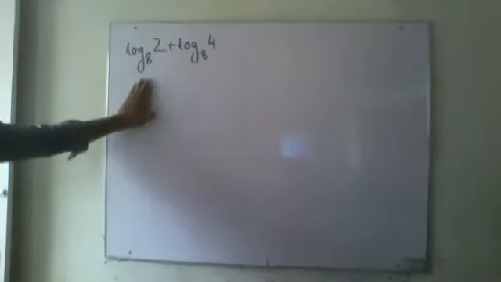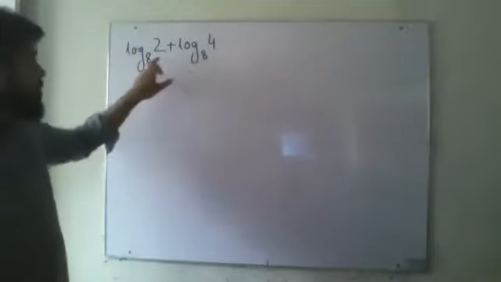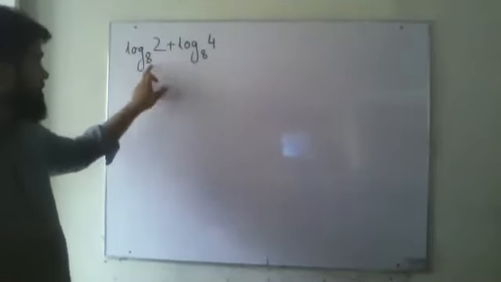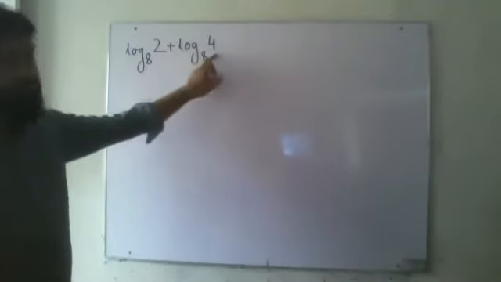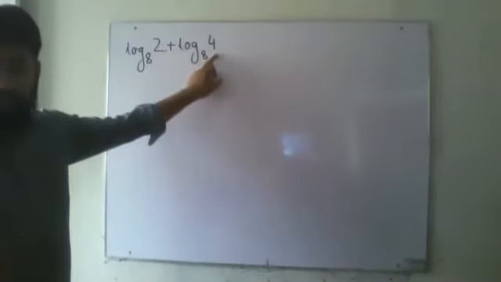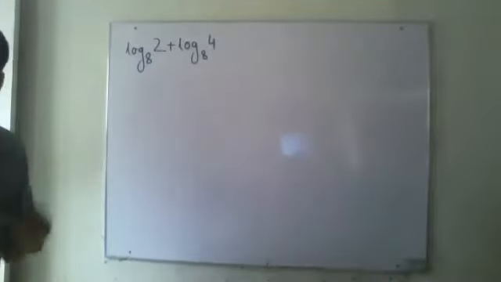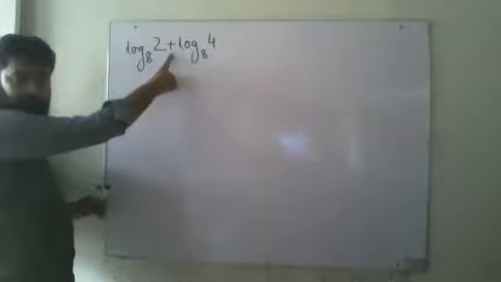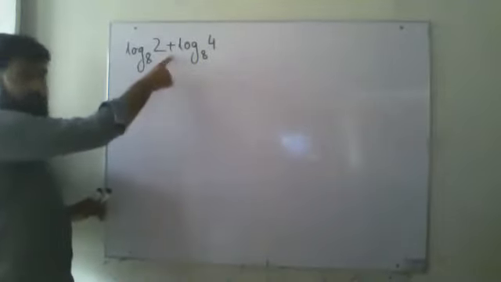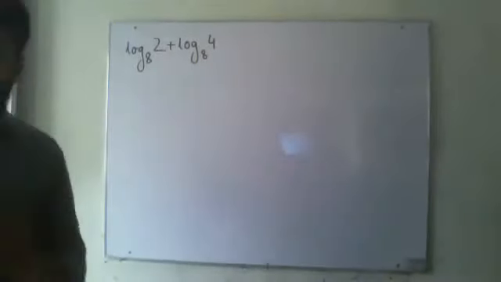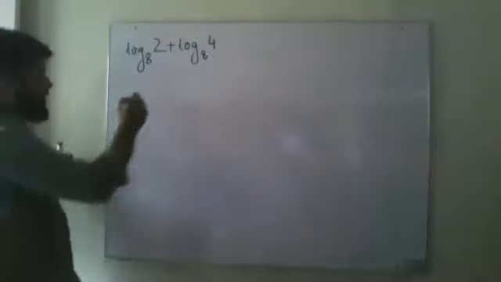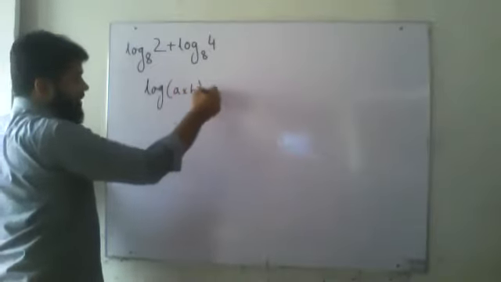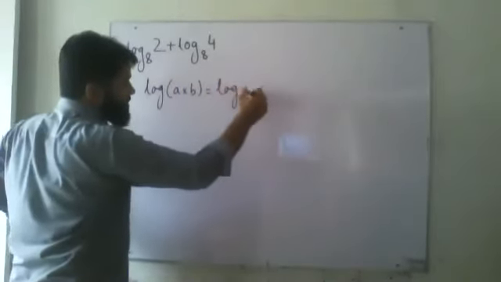Now, I can see that these two are the same logs with the same base but different multiples. First thing, I can see they are in addition form. So when it is in addition form, I know that if it's written like this, I can write it like this.